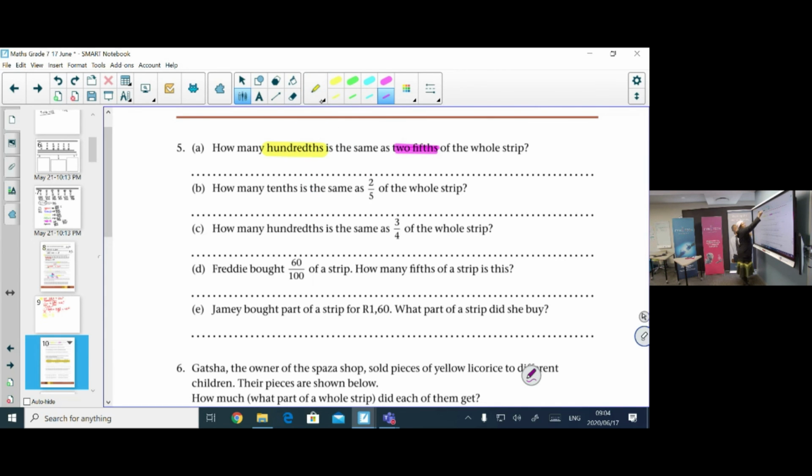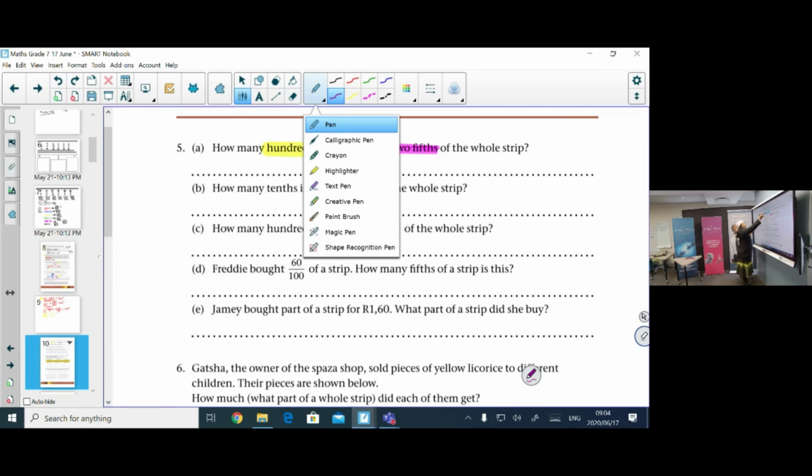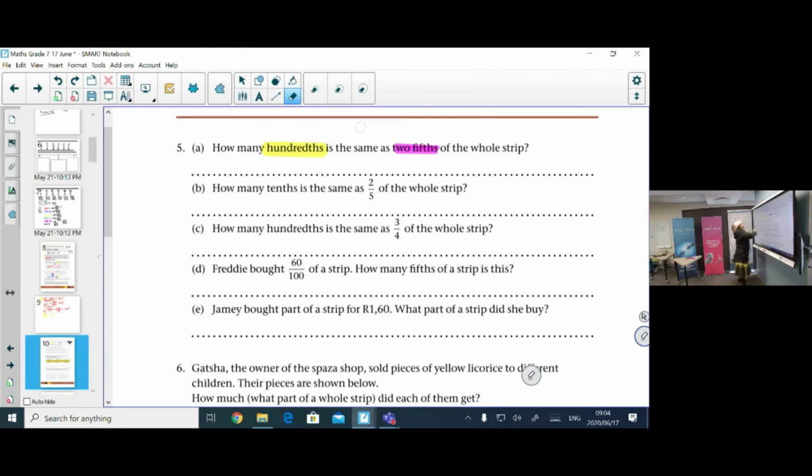And let's see how much you get. So quickly do that. It's the same way where we write 2/5.